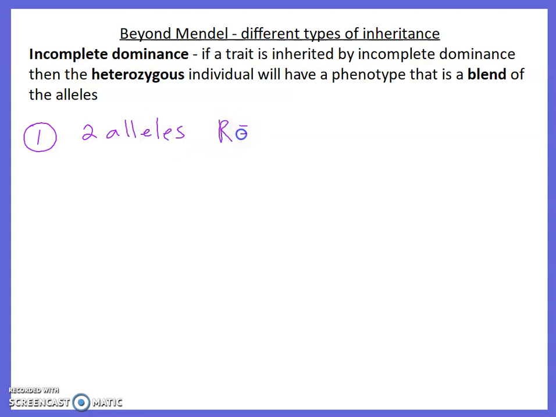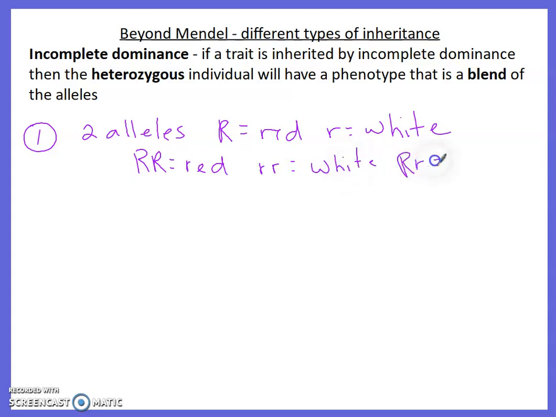We have R, which is red, and we have r, which is white. They create different phenotypes. R will be red, lowercase r will be white, and whenever it's heterozygous, it's going to be pink, which is a blend of that red and white trait.